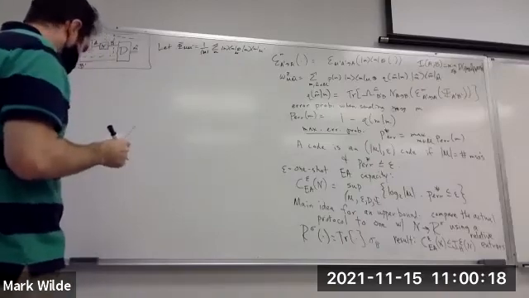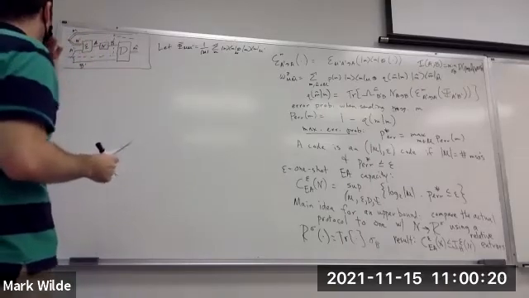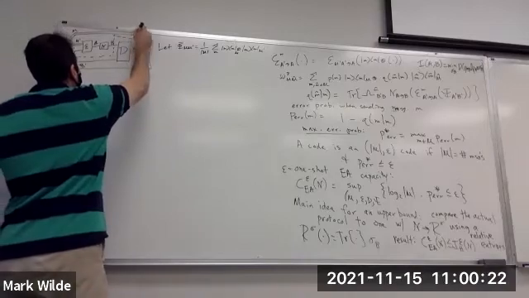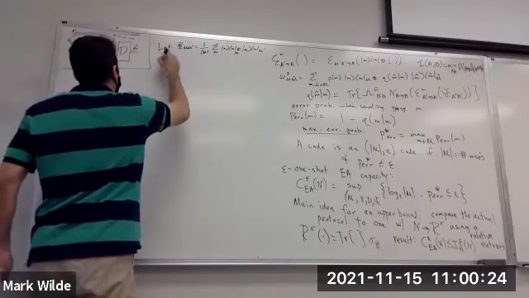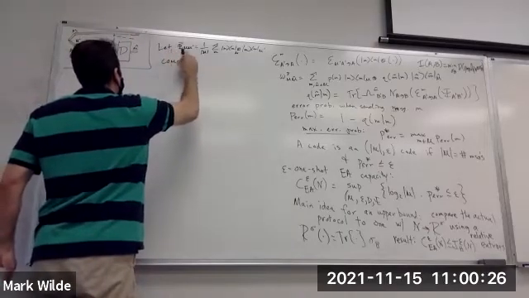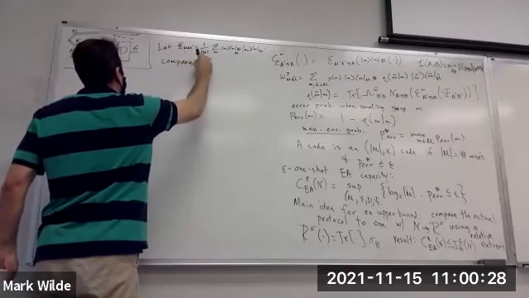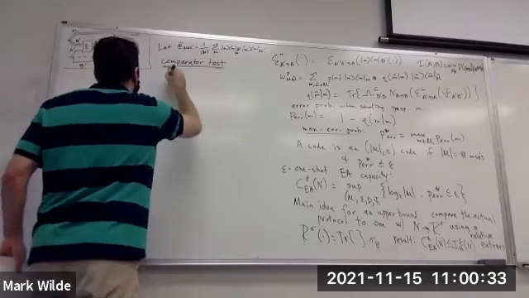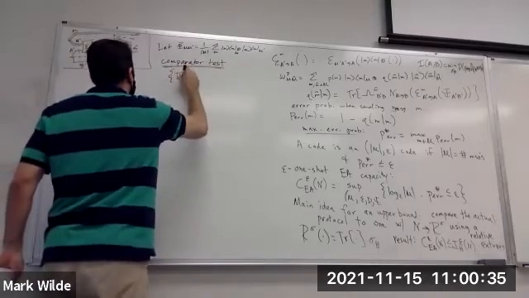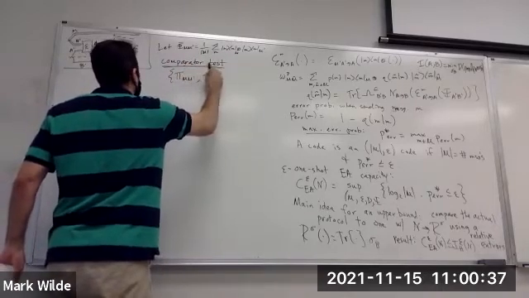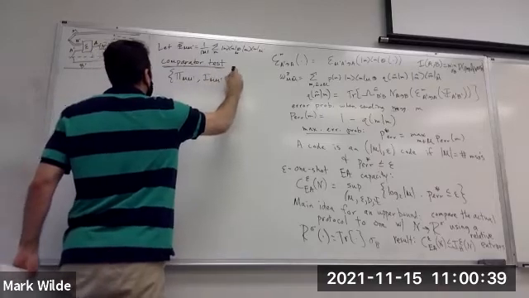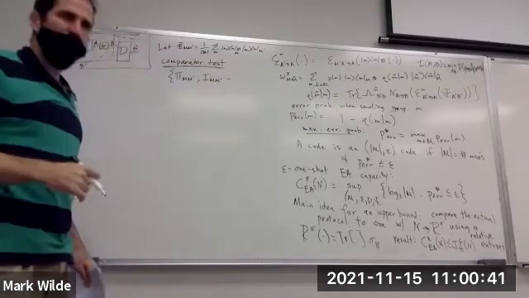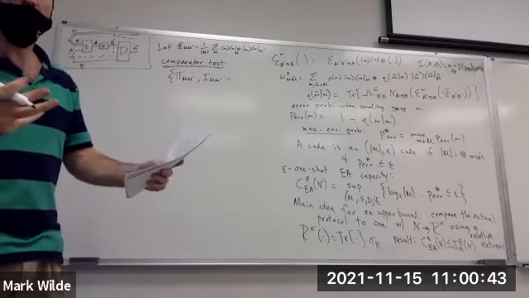Okay. We're going to use a particular measurement called the comparator test. It's a binary measurement, and in some sense, every measurement corresponds to a question that you're asking a quantum system.